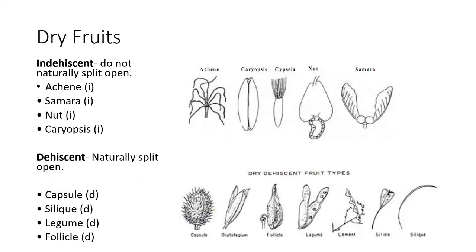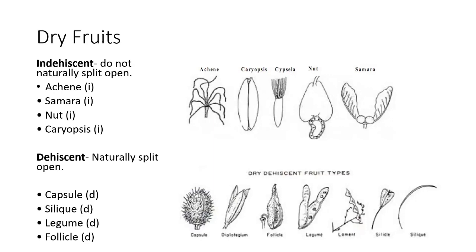Again, we can classify fruits as either dry or fleshy. Dry fruits can be dehiscent or indehiscent. Remember, indehiscent do not naturally split open. Some good examples include an achene, such as sunflower seeds; a samara, such as our maples produce; and nuts, like acorns from our oak trees and many other trees.